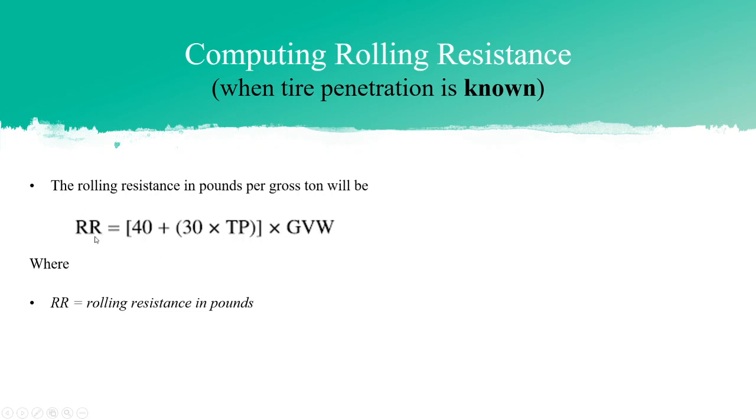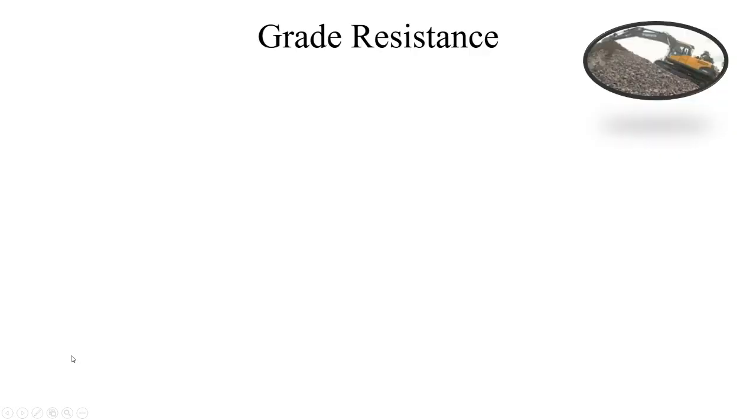So there will be a lot more rolling resistance against its moving, right? So this is why you can see this is getting multiplied, because you are actually multiplying this by the tire pressure, okay? All right.